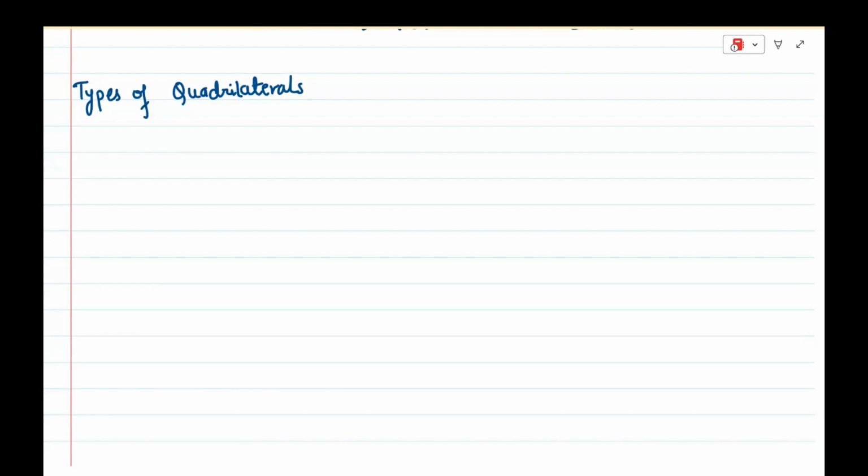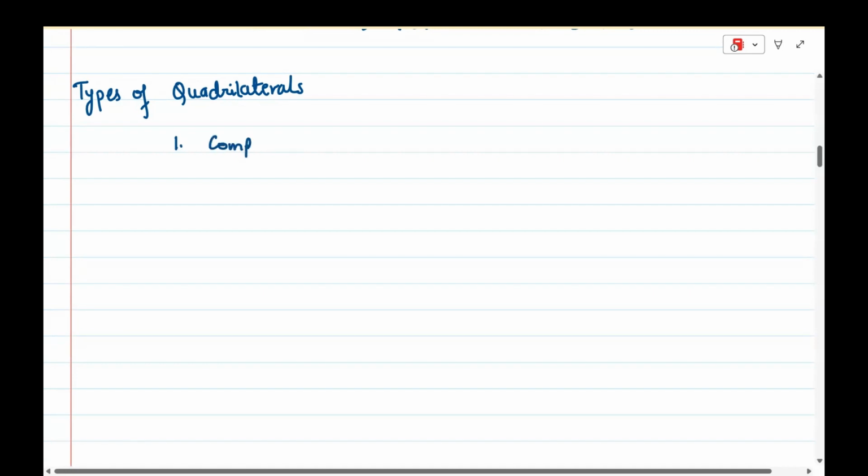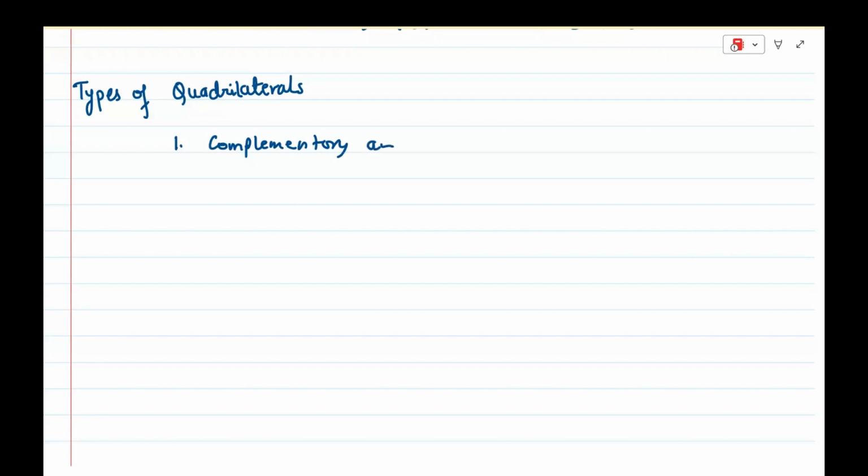So let's understand two more terms which are related to angles. One is complementary angle and the second one is supplementary angle. What are they?